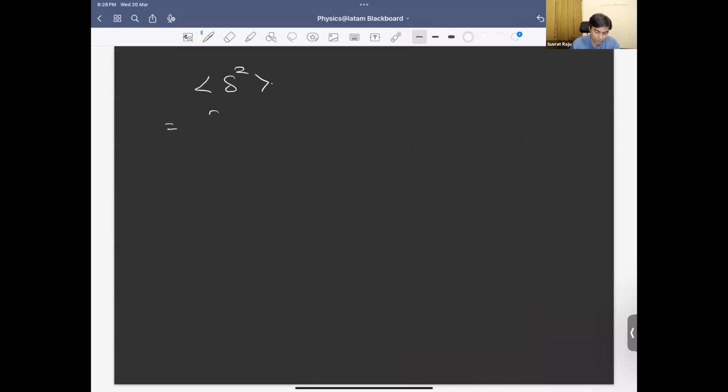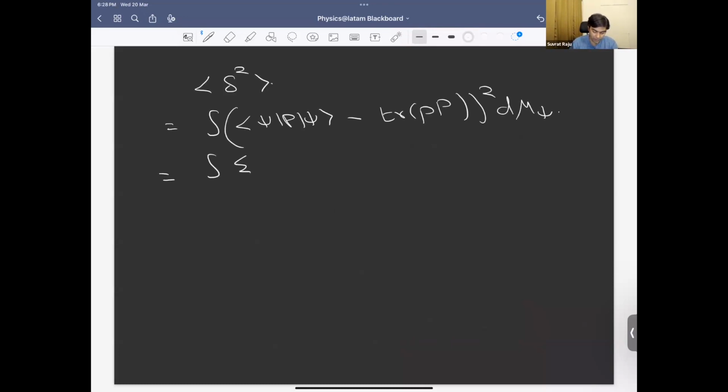Okay. So we want to look at the expected value of delta squared. There's a little bit of algebra you can do.